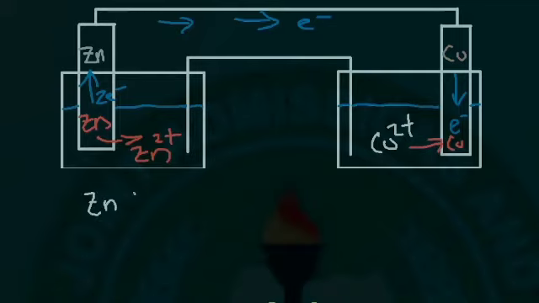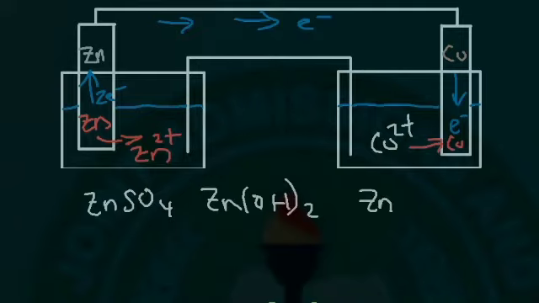Let's say zinc sulfate, zinc hydroxide, and zinc carbonate. Which of these 3 compounds will be most suitable for the aqueous solution that contains the zinc electrode? Which one would you choose?